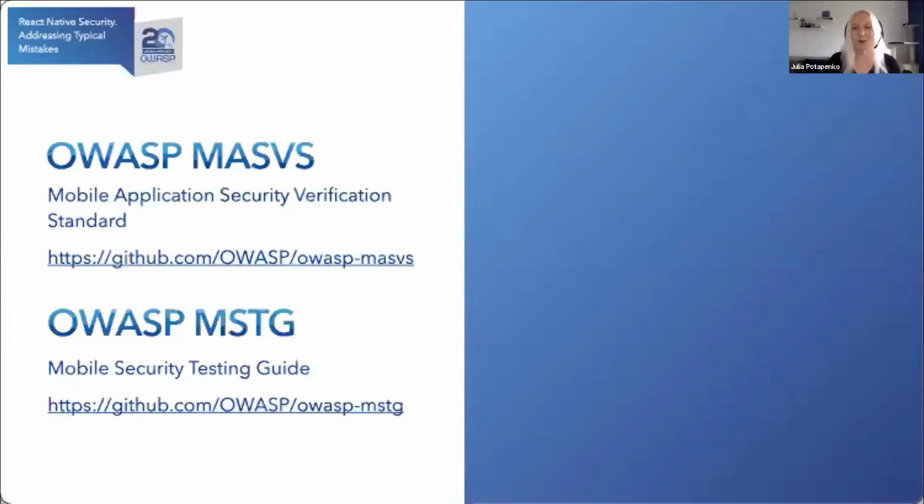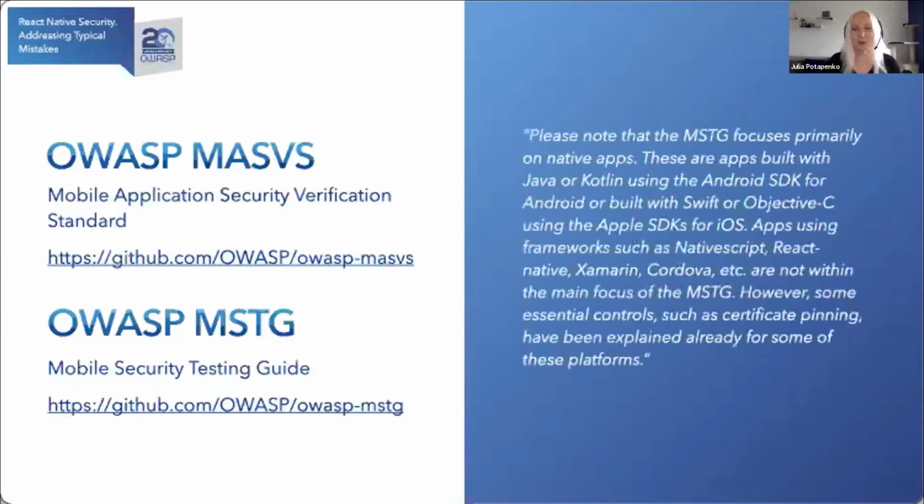And if you open the second one, you will see the note that it actually focuses primarily on native applications and does not have a lot of information for React Native, for Xamarin, Cordova, Flutter, and other so-called hybrid applications.